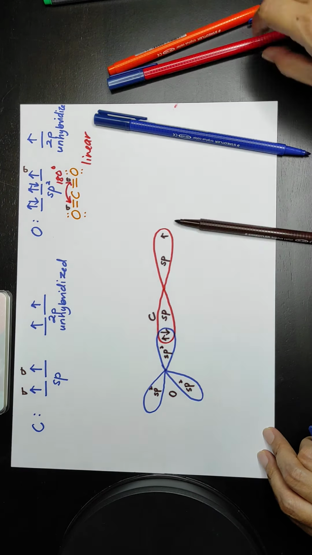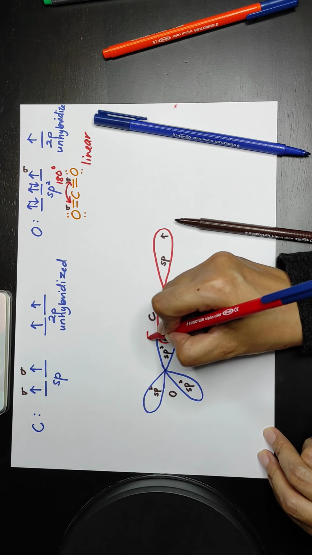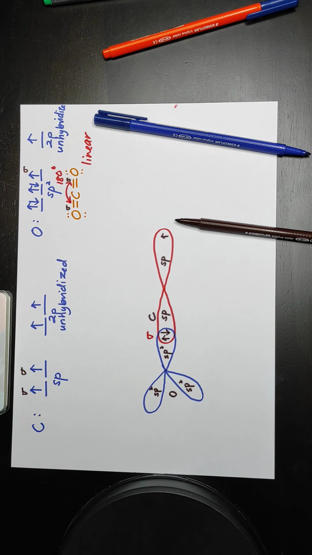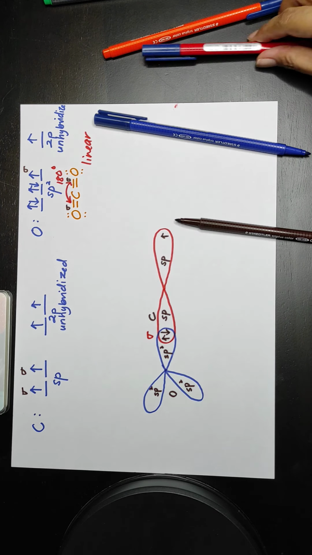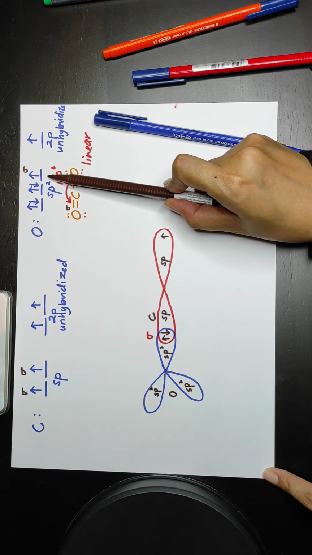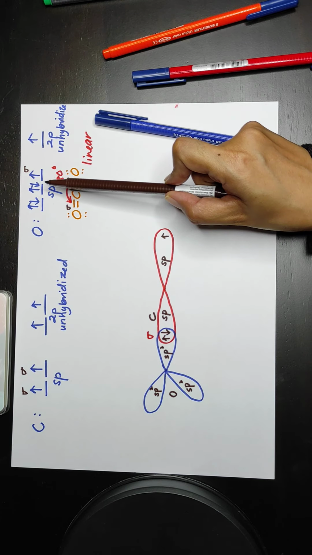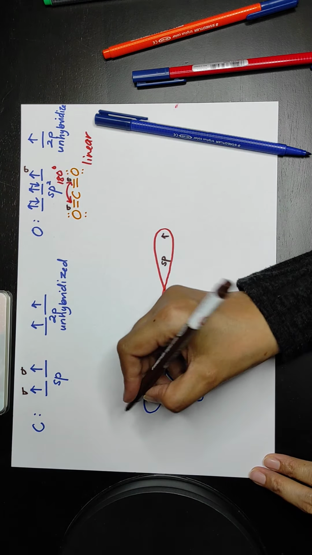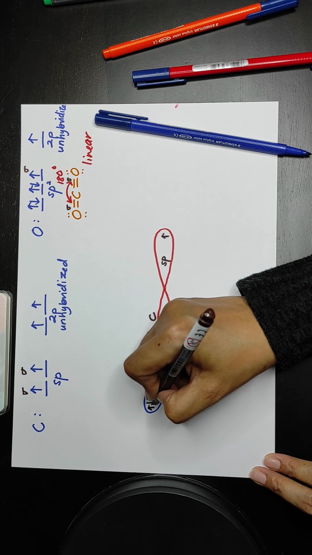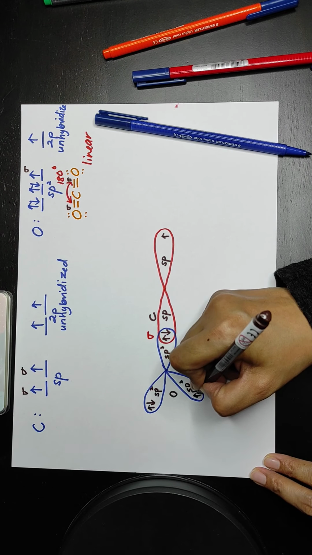Alright, so now the first sigma bond is formed. But if you refer to the orbital diagram, 2 sp2 hybrid orbitals of oxygen are occupied by lone pairs. So these are the lone pairs.